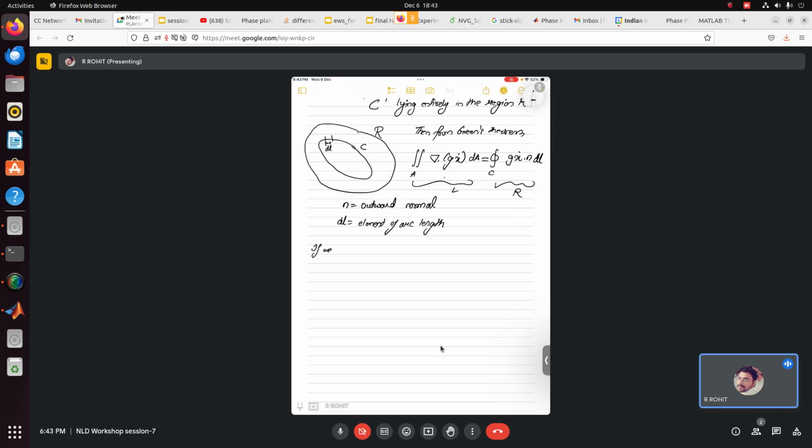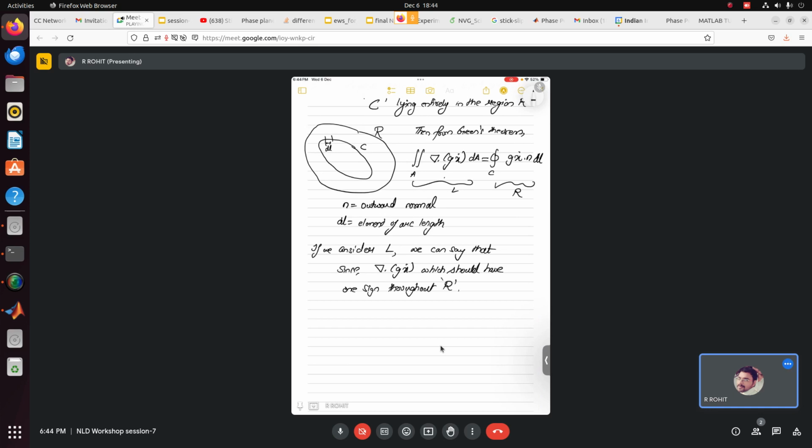So if we consider the left hand, we can say that the double integral over the region must be non-zero, since we are considering the gradient of g of x dot, which needs to have one sign in R. Having one sign throughout R is what our condition was.